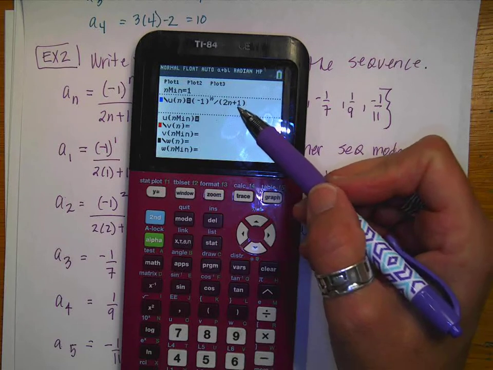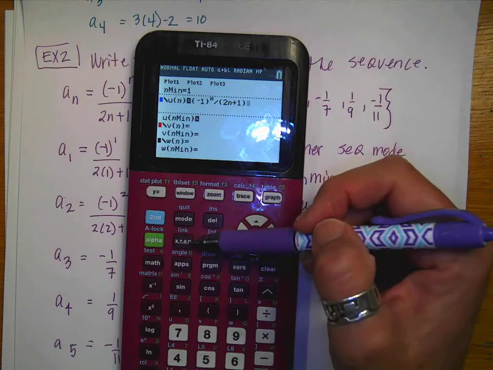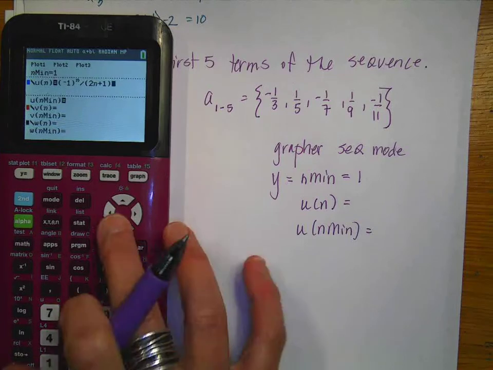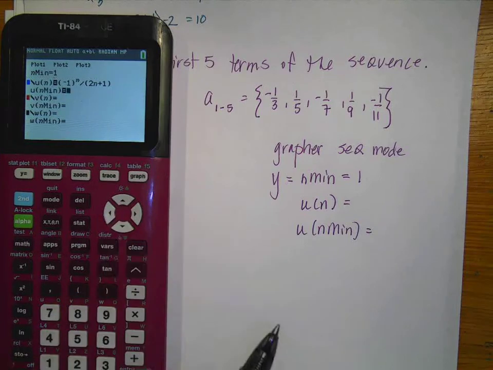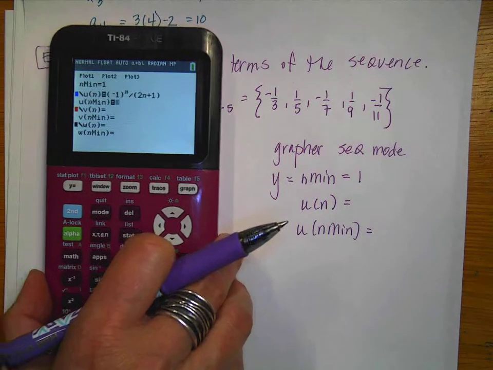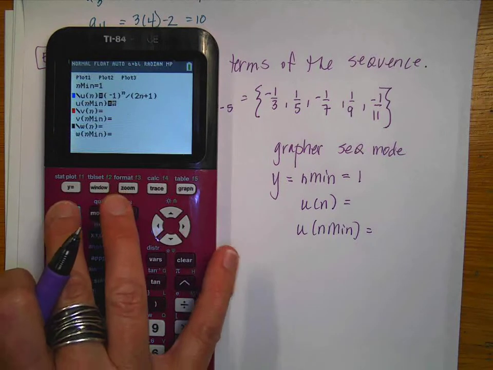Notice that when I'm in sequence mode, the variable that my calculator is using is n, because n corresponds to sequence mode, okay? So that's my rule, and then I'm actually going to leave the third line blank, so that your calculator can manage that math itself. We'll talk about later when you need to do that.